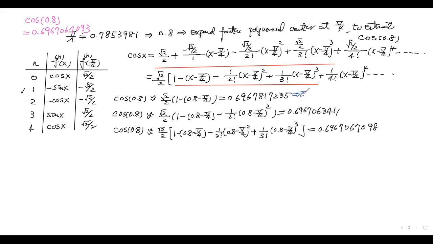Okay. Now, just like we did before, let's see the errors here. If I only use two terms, what is the error? That means use 0.6967 minus the cosine 0.8. So the first one here is 0.0000, oh wow, 0.0007514. Oh my gosh, look here. You only use two terms, and the error is at the fifth decimal point, right?